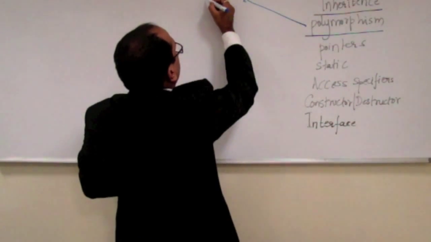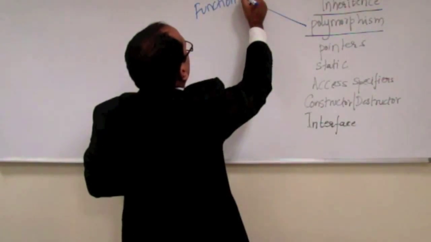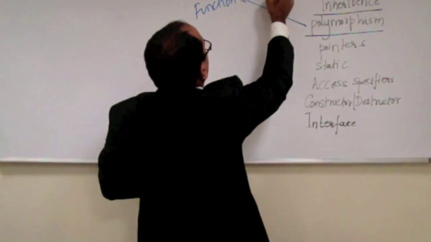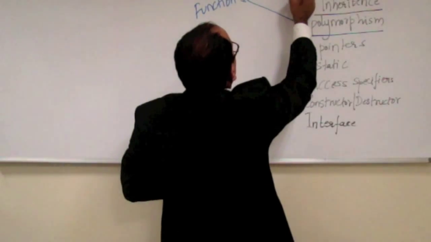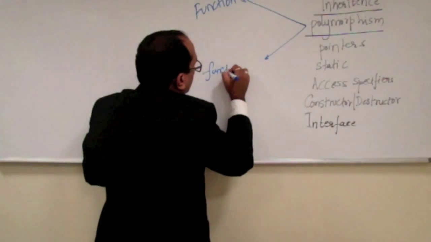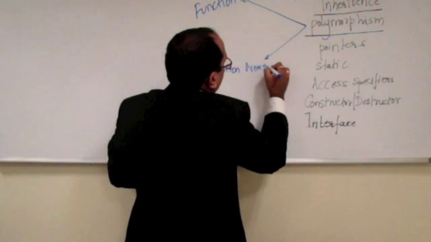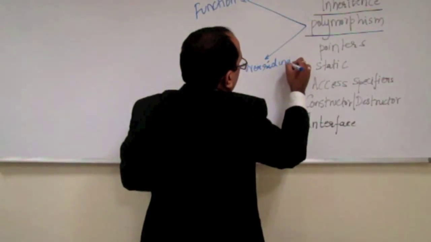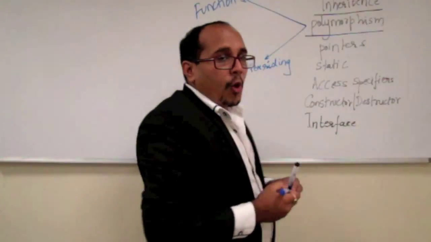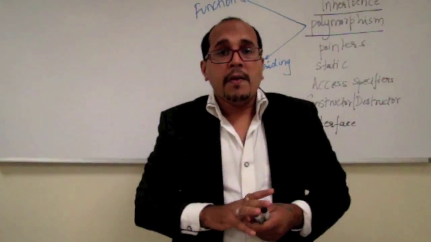Yeah, exactly. Function overloading, function overriding. Now, polymorphism means many forms. Poly means many.